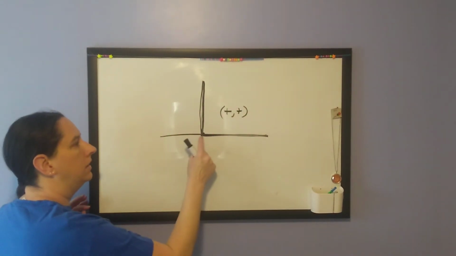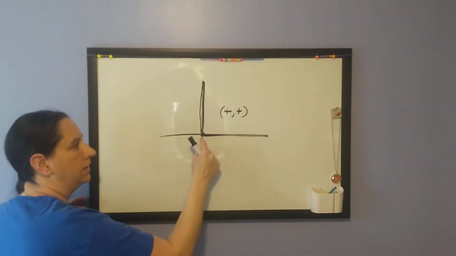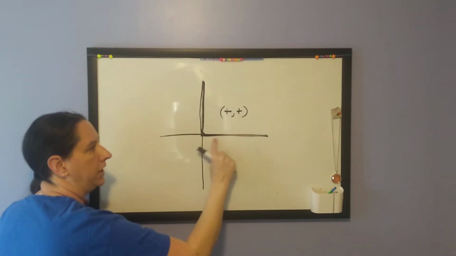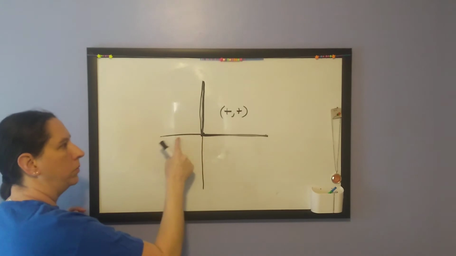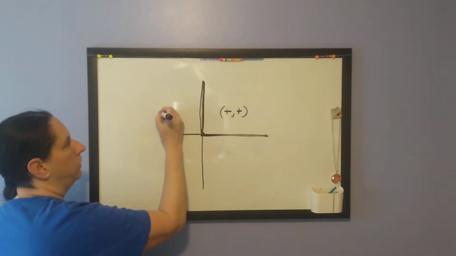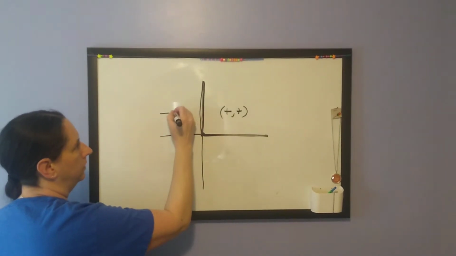Over here, if I'm going to the left, just think of it. You went 0, 1, 2, 3, 4, 5. You were increasing numbers. Now you're decreasing numbers. So after 0, we get into those negatives, -1, -2, -3. So we would go to the left for negative, but we would still go up, which is positive.